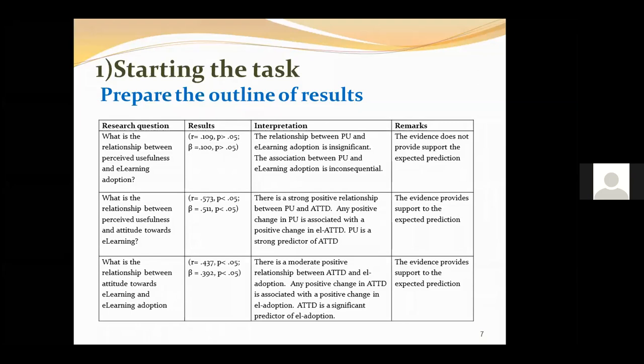This step is necessary because you will need this information to support your assertions as you make your discussion in the discussion chapter. Remember one thing, your supporting literature in the discussion section must be consistent with what is in your literature review section.